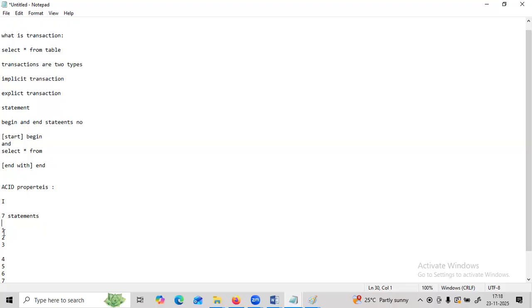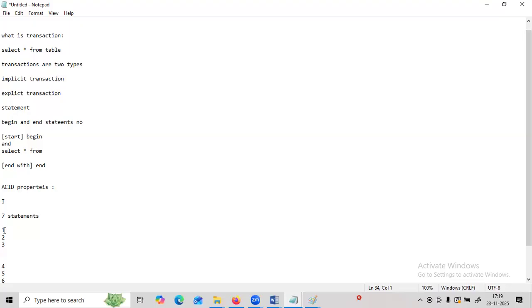All means that it has to execute all the statements which are in the transaction, or else it has to roll back the statements. So it should not leave any transaction incomplete. That is called the ACID properties. Why?